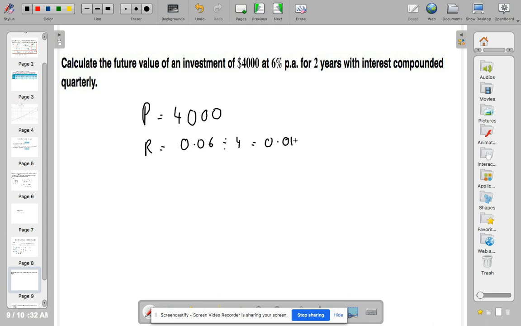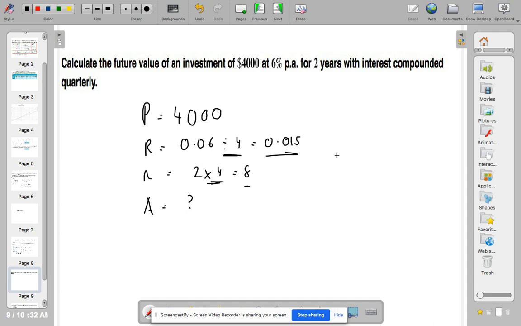You can do that on a calculator if you wish. The number of times the interest compounds, N, is 4 times a year for 2 years, so N equals 8. So you can see how I've multiplied the number of years by 4 to get the number of compounding periods, and I've divided the annual interest rate by 4 to get the interest rate per period.